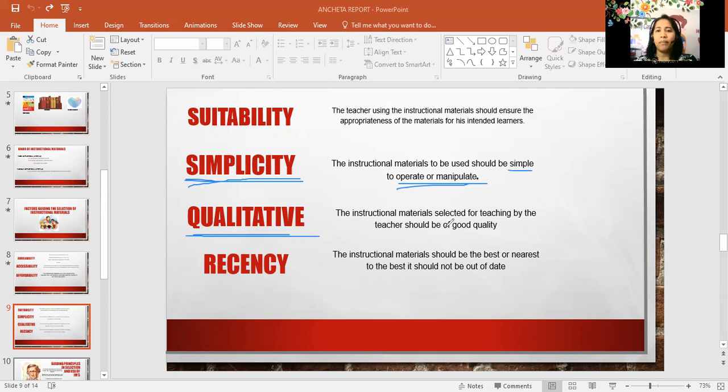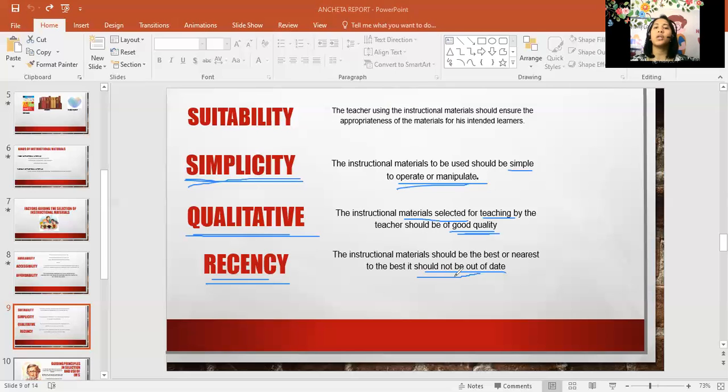It means that materials selected for teaching should be of good quality. And last is the recency. The instructional material should be the best, and it should not be out of date.